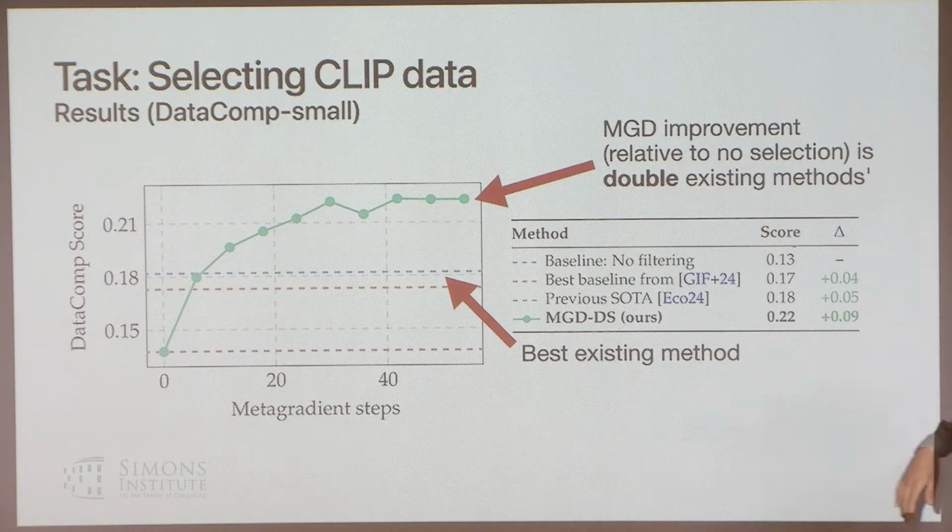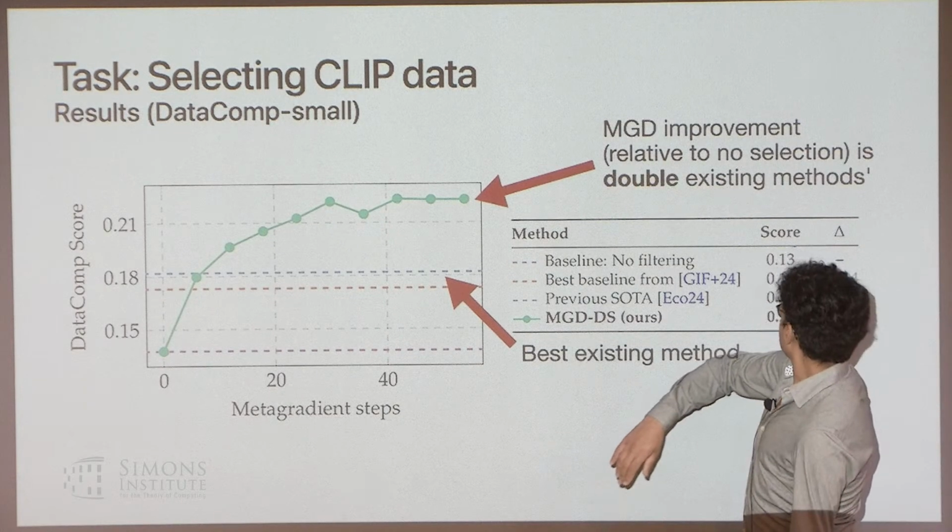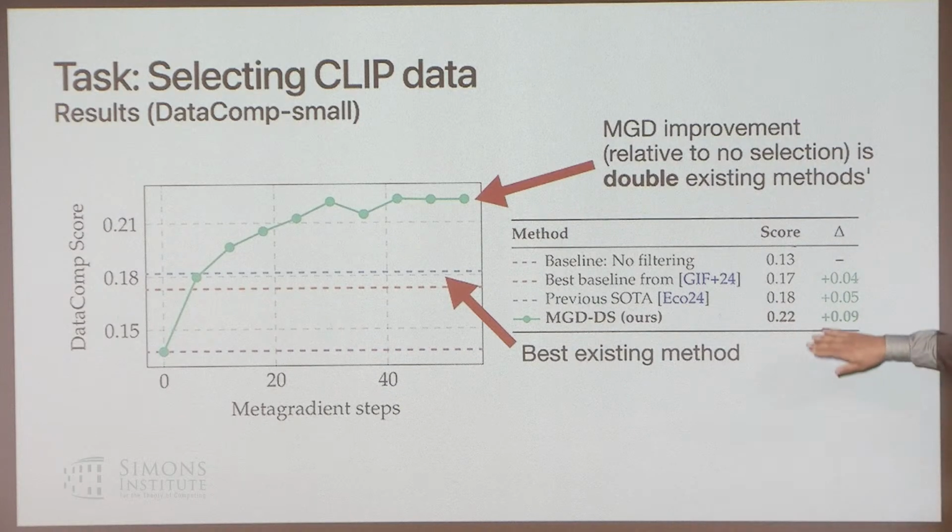We're able to find something that is, I don't want to misquote it here, 4 points better than the previous state of the art on this leaderboard. And in fact, the difference between the data set we find and the previous state of the art is about as big as the difference between the previous state of the art and just not filtering at all. So we're able to make a pretty significant gain.